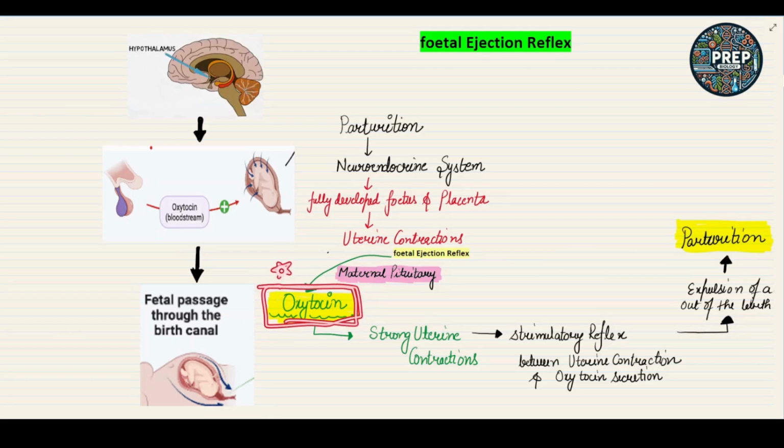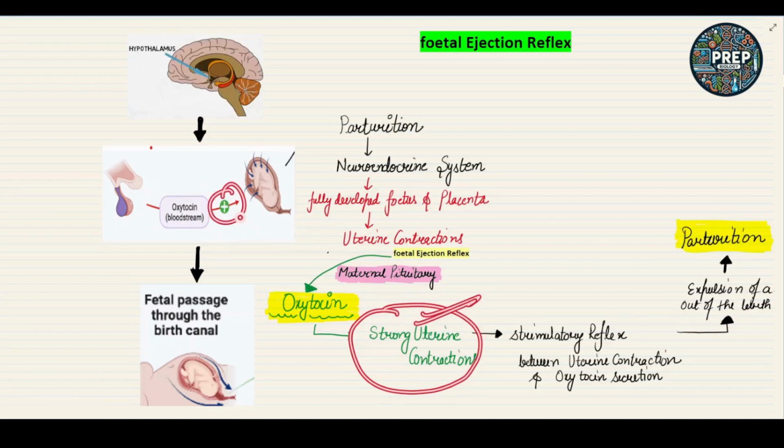This hormone is very, very important for the parturition process, and it leads to strong uterine contractions.